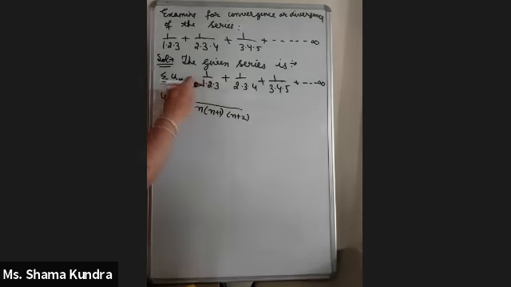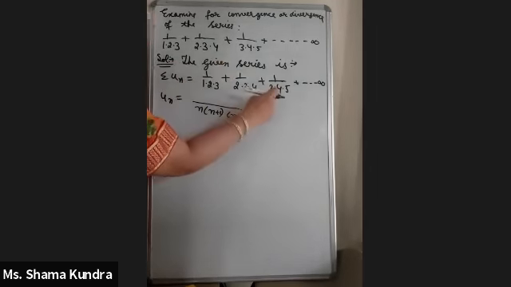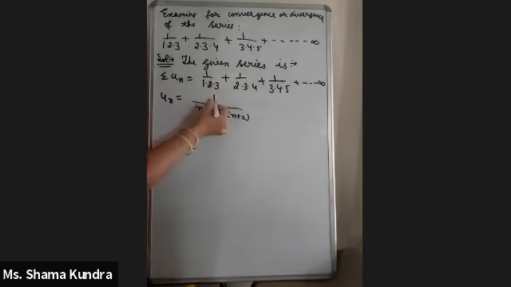See the numerator. The numerator of U1 is 1, the numerator of U2 is 1, the numerator of U3 is 1. So the numerator of Un will be 1. This is on the basis of account of symmetry.